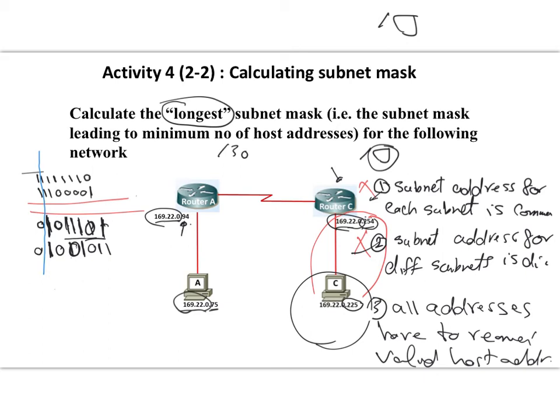So let's try 26. 26 will make the boundary here. Still, all the 3 conditions are fulfilled, right? Because here 1 1 1 1, and this is 1 0 1 0 1, and obviously 1 1 is different from 0 1, so fulfilled.